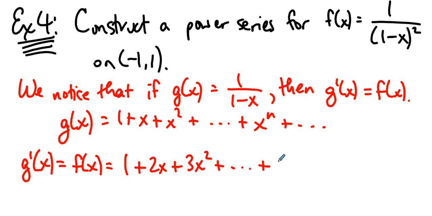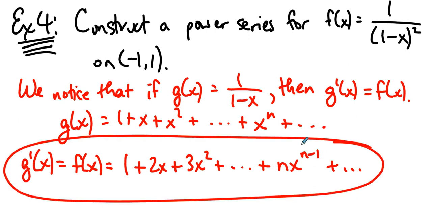The derivative of the generic nth term is nx to the n minus 1, and so on. And so we have a power series for this function, and it's true on the same interval that 1 over 1 minus x was true to this power series. Okay.